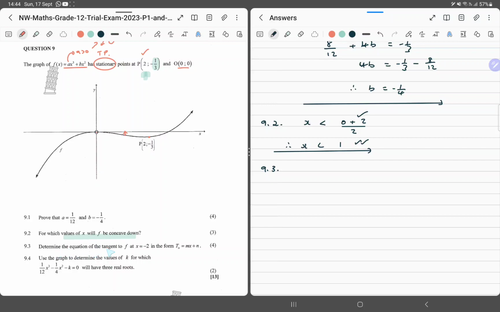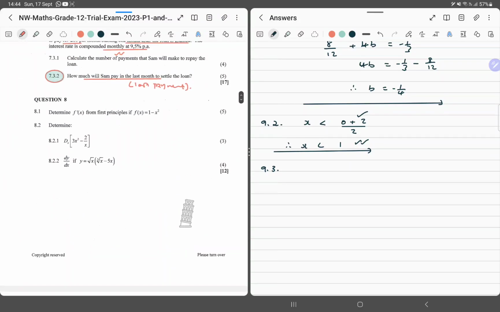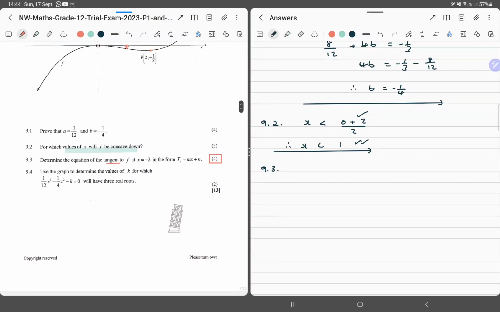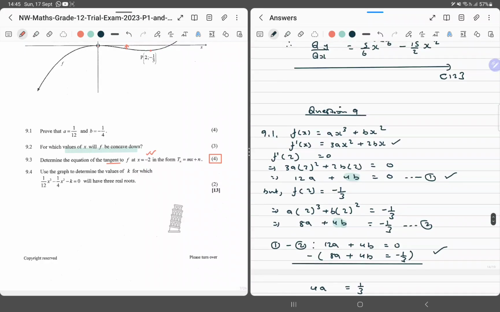9.3. Determine the equation of the tangent. Sorry, this question is always there. Sometimes they push it to question 8. Sometimes it is where it's supposed to be. So let's just quickly run through it and see how well we're going to do it. And then we're looking for x at -2. So what do we know? We know that we have the point and we have the equation for the gradient.